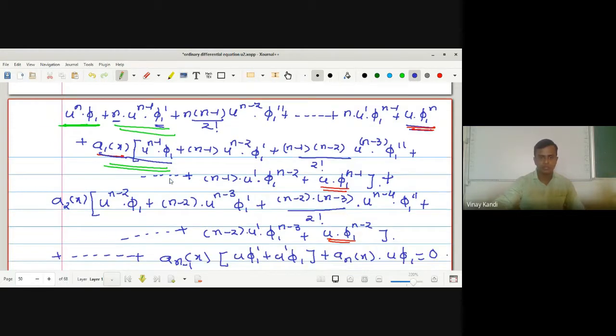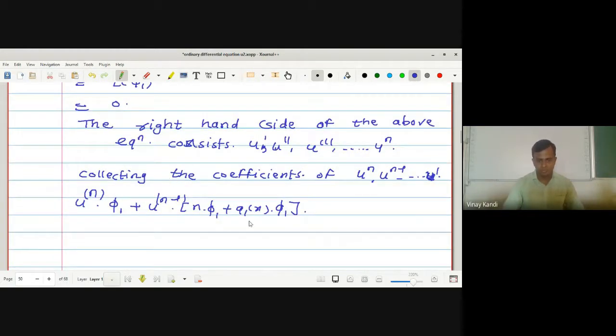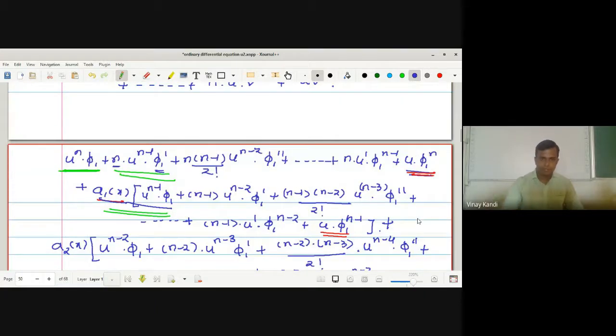Okay, this is given, plus u raised to n minus 2. What will its coefficients be? n into n minus 1 upon 2 factorial, and the coefficient will be into a2 of x into phi 1.